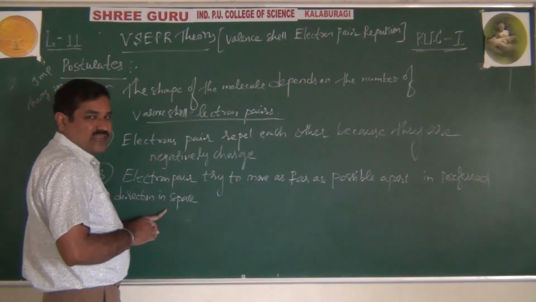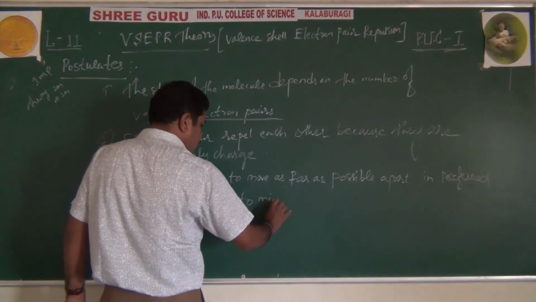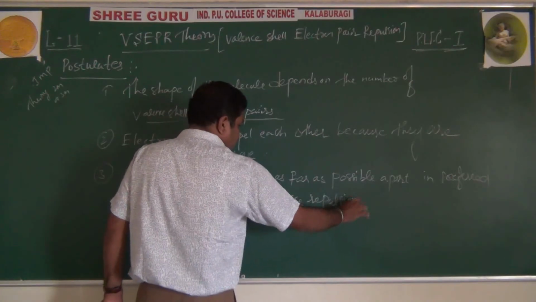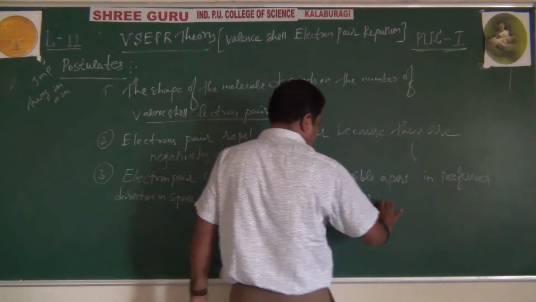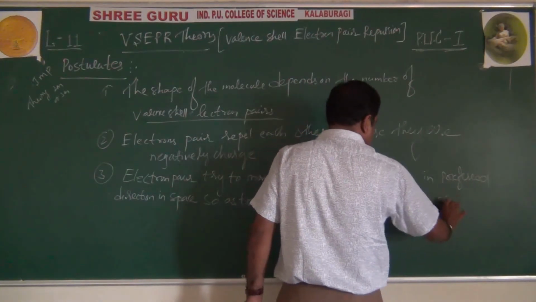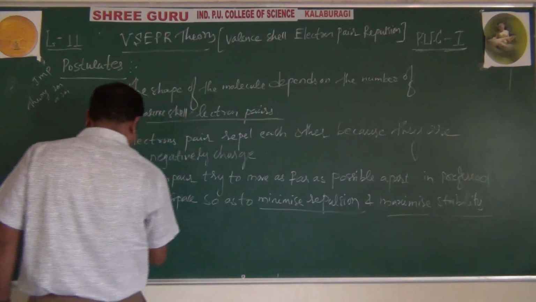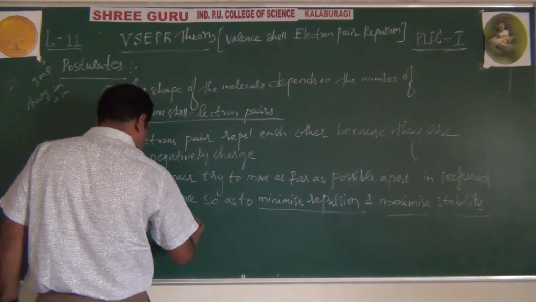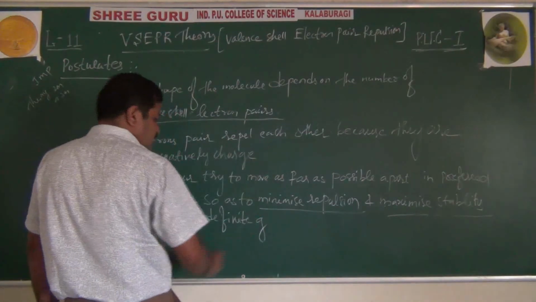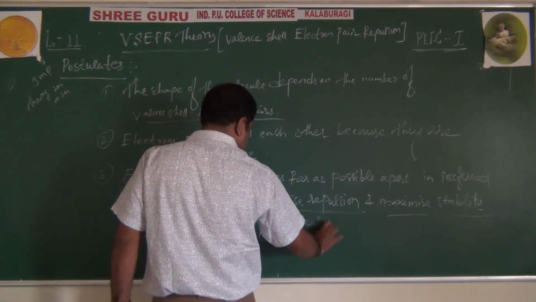It is 3D: x-axis, y-axis, z-axis. How? So as to minimize repulsion, very important. Minimize repulsion and maximize stability, so as to give a definite geometrical shape.